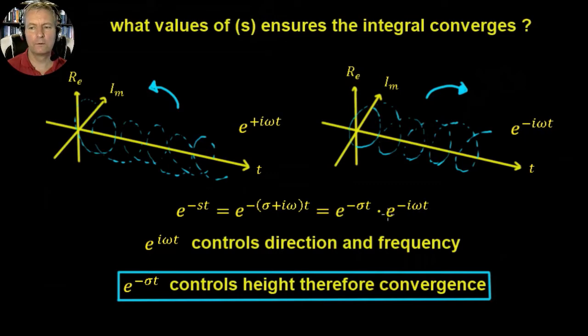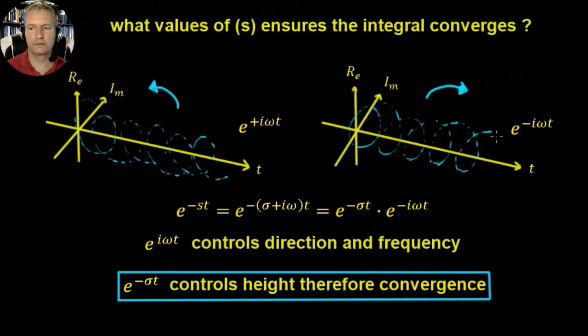Now, we know that this e to the minus i omega t, all that controls is the corkscrew effect here. The complex exponential, if it was for example e to the plus i omega t, then we could think that this corkscrew would rotate in one direction, and if it was e to the minus i omega t, it would rotate in the other direction.